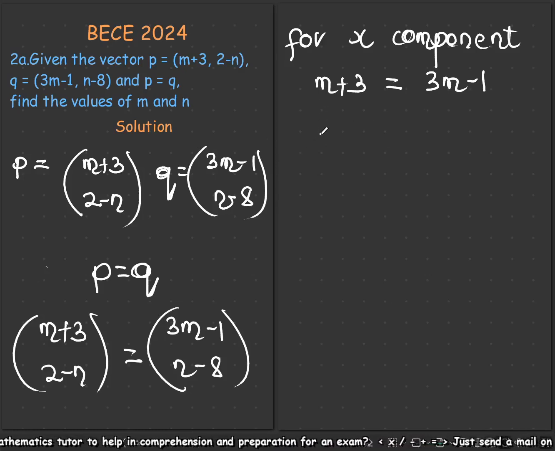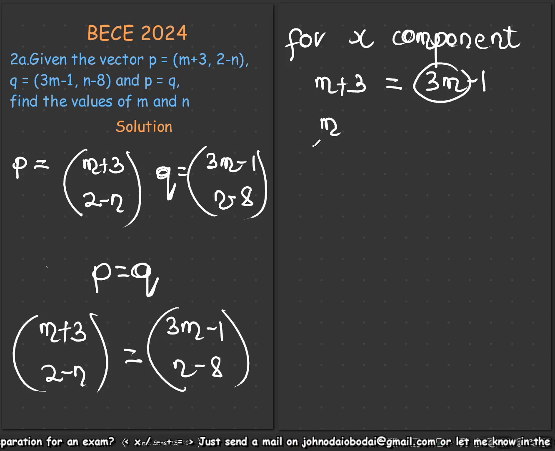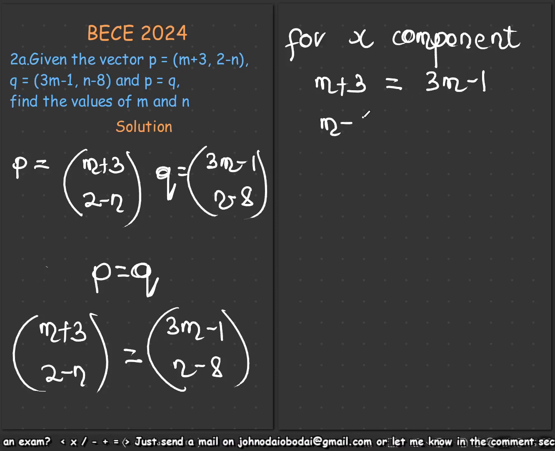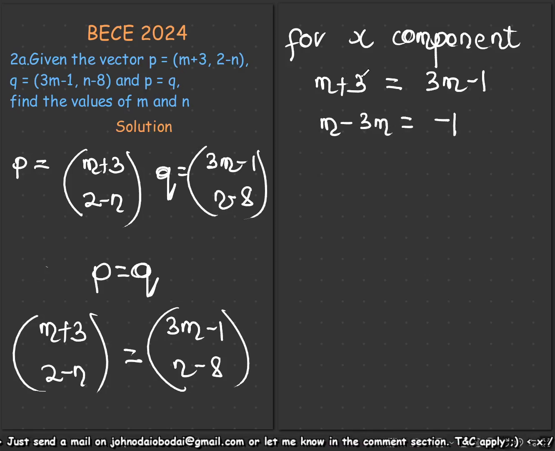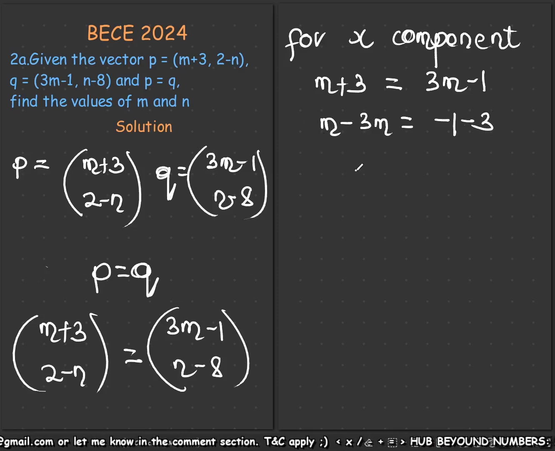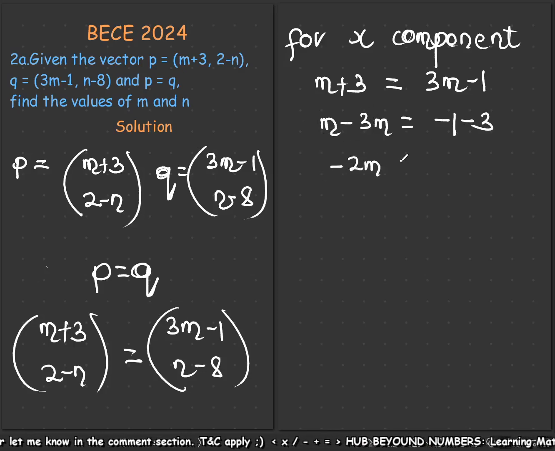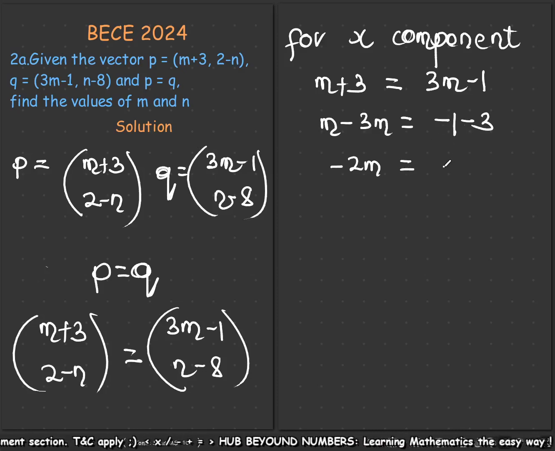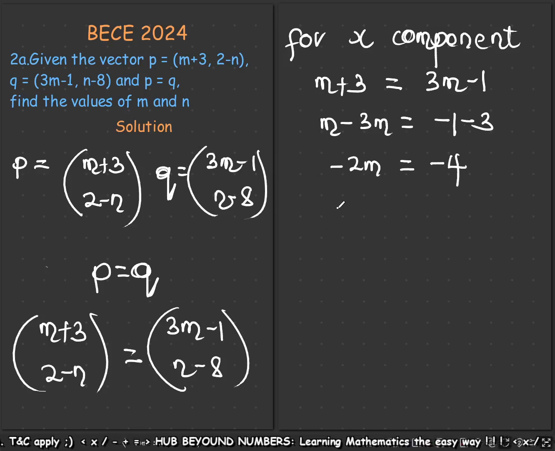So let's write our m here. And we want to bring this other 3m to the left hand side. So that becomes -3m is equal to, we have a negative 1. And then the positive 3 moves to the other side to give us negative 3. m - 3m gives us a negative 2m, and we are saying it's equal to -1 - 3, which gives us negative 4.